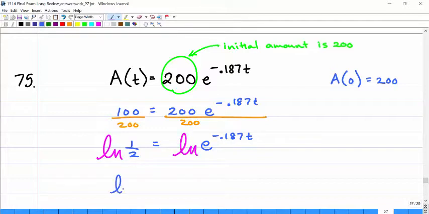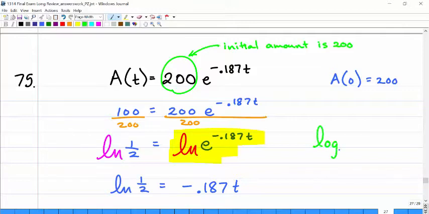So I get the natural log of 1/2 is equal to negative 0.187 t. And the reason why over here, just to remind you, I have log base e of e to the negative 0.187 t. Remember that the natural log is log base e. And log base e of e raised to a power is just that power.